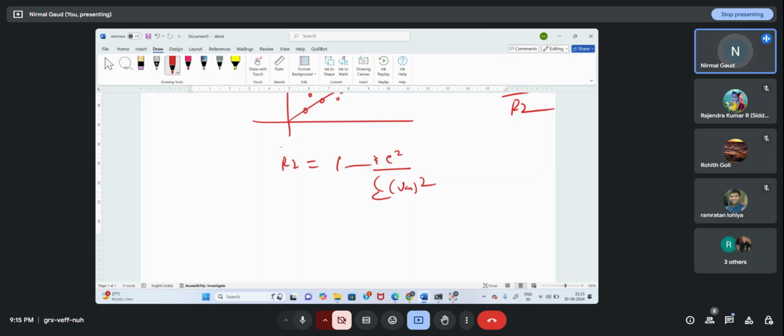Okay, you might think, sir, the error is MSE, the square of the error. So error and R2 look directly related. Okay, they look directly related, but that is not what we have to wrongly interpret.